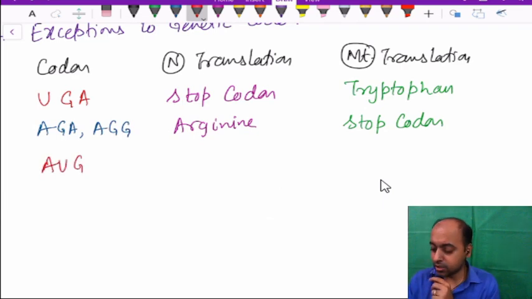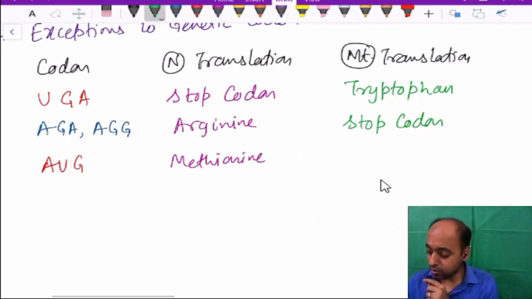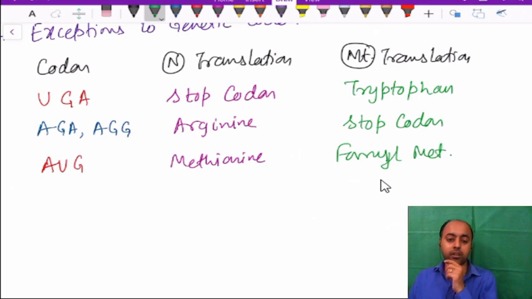Then AUG, which normally codes for methionine, codes for formyl methionine in the mitochondria.